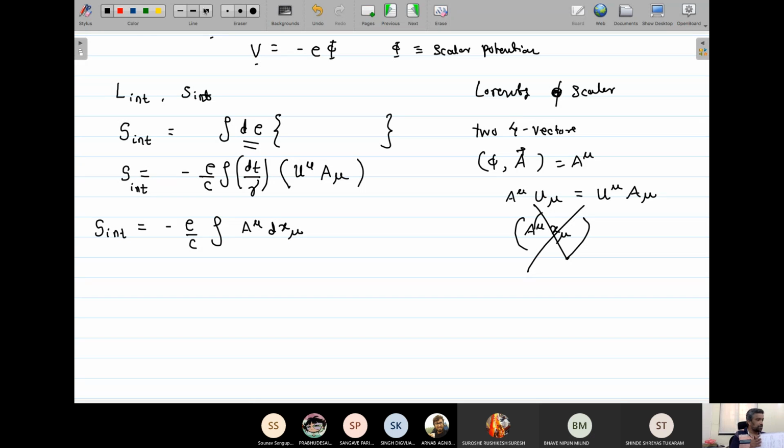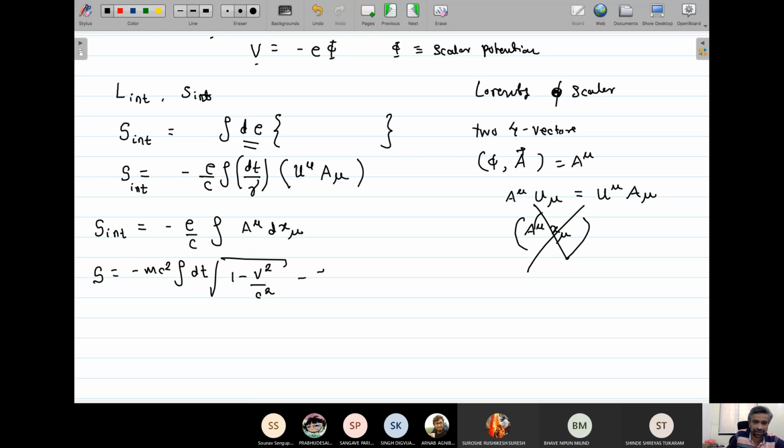But before writing in L dt form, let me write the full action. The full action will be S equal to S free plus S interaction. What is S free? S free is minus mc square integration dt times square root of 1 minus v square by c square, plus S interaction.